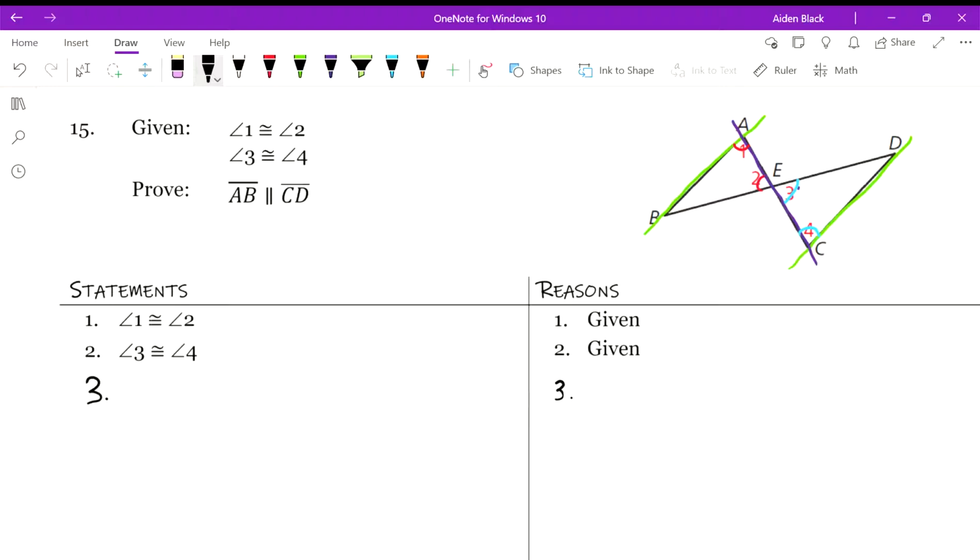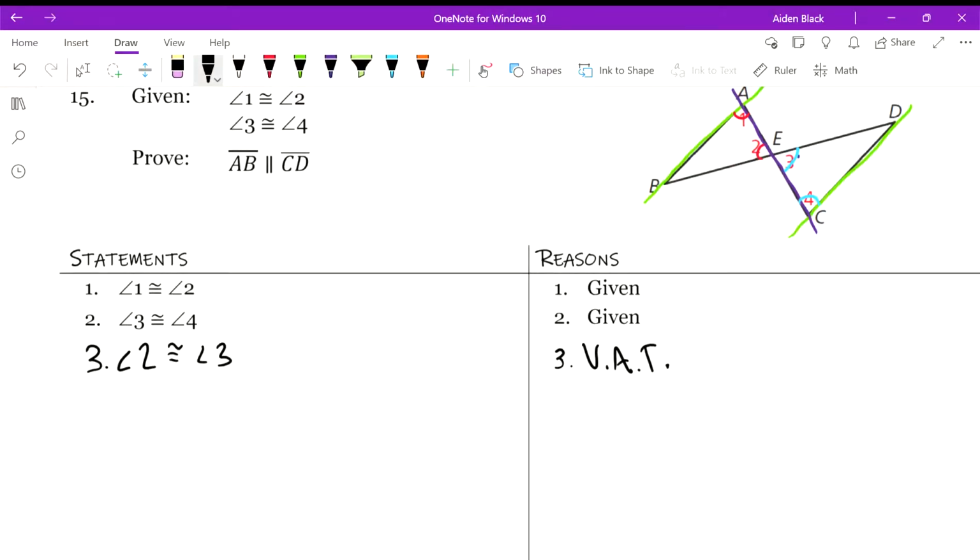One thing I'm going to have to identify though is angle 2 is congruent to angle 3 by the vertical angles theorem. And now I can use the transitive property: since angle 1 is congruent to angle 2, which is congruent to angle 3, and angle 3 is congruent to angle 4, by the transitive property, angle 1 is congruent to angle 4.